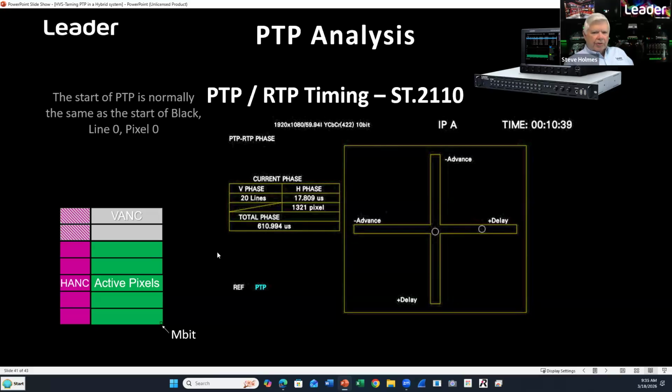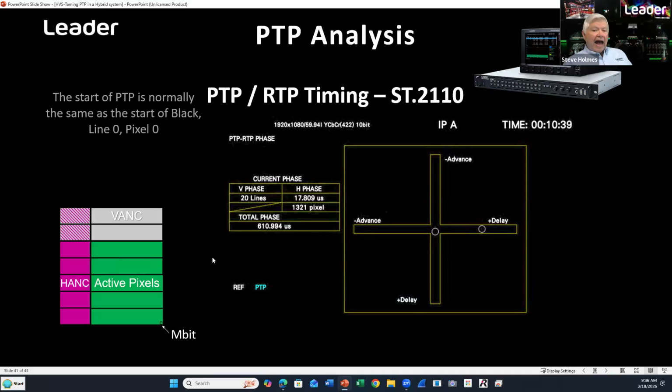And because of the way 2110 works, only the green here gets put in the -20 video flow. So we need to verify that the starting point right here of the video is exactly the length of what the SDI vertical interval would be.